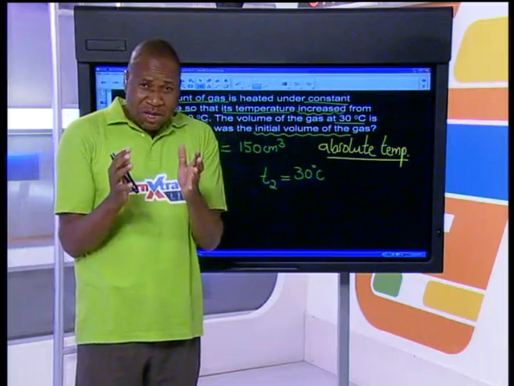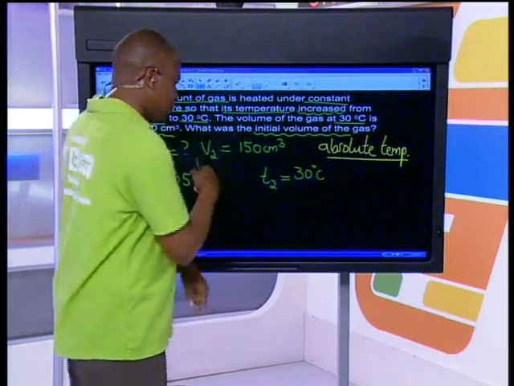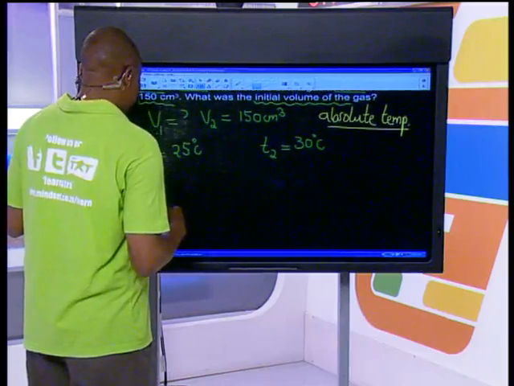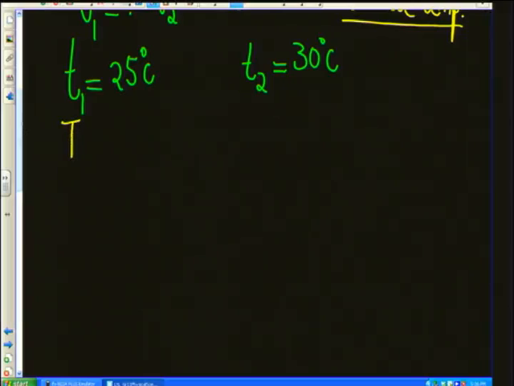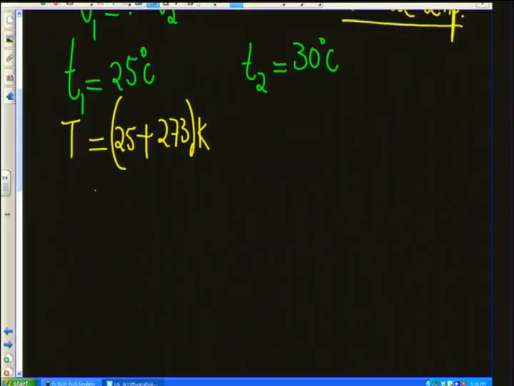Therefore, my capital letter T, which is absolute temperature, will be 25 plus 273 Kelvin. So what I have as my T1 is 298 Kelvin.